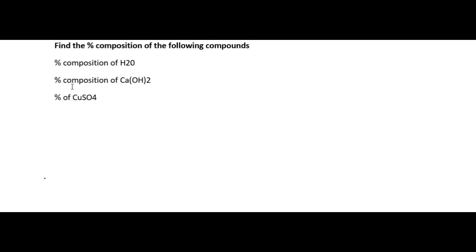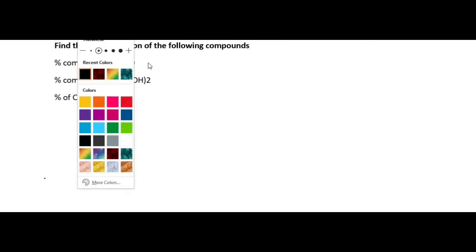All right, let's start with water. What is the molar mass of water? To get the molar mass of water, H2O, how many hydrogens? There are 2 hydrogens. What's the atomic mass? 1. And oxygen, how many oxygens would we have in water? We only have 1, and the atomic mass is 16.